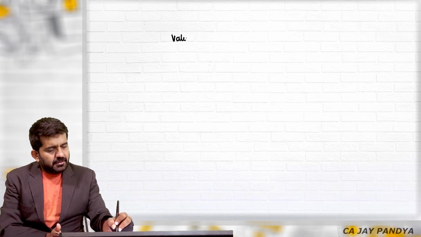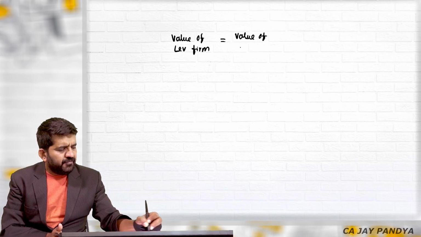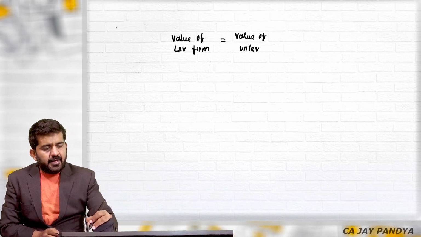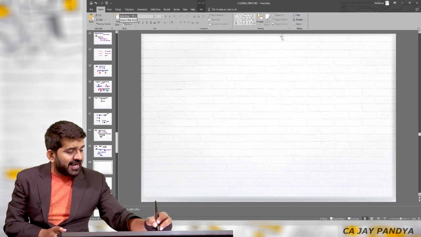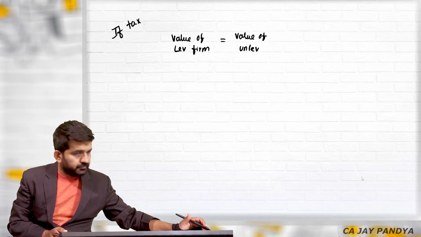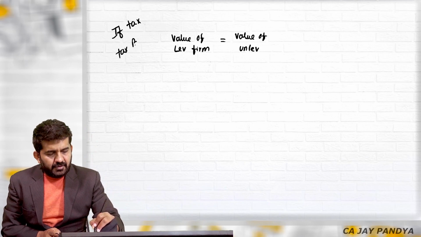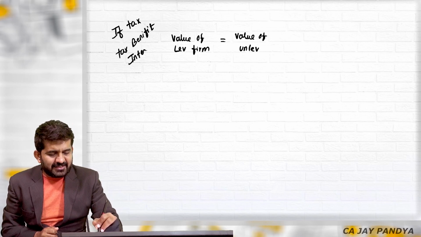One of the students asked me today, and it is an excellent question, that sir, normally the value of a levered firm is equal to the value of an unlevered firm if there are no taxes. But if there are taxes, the tax benefit is always on interest.